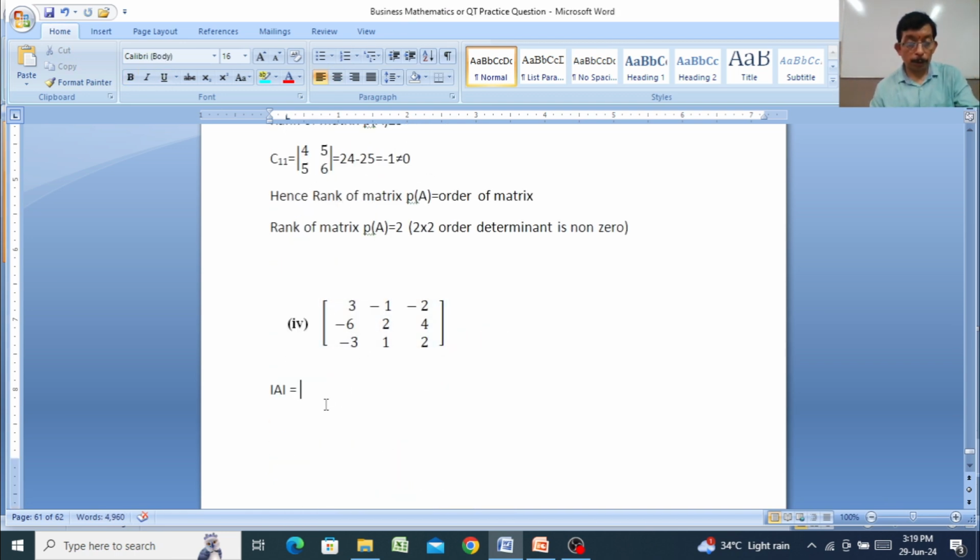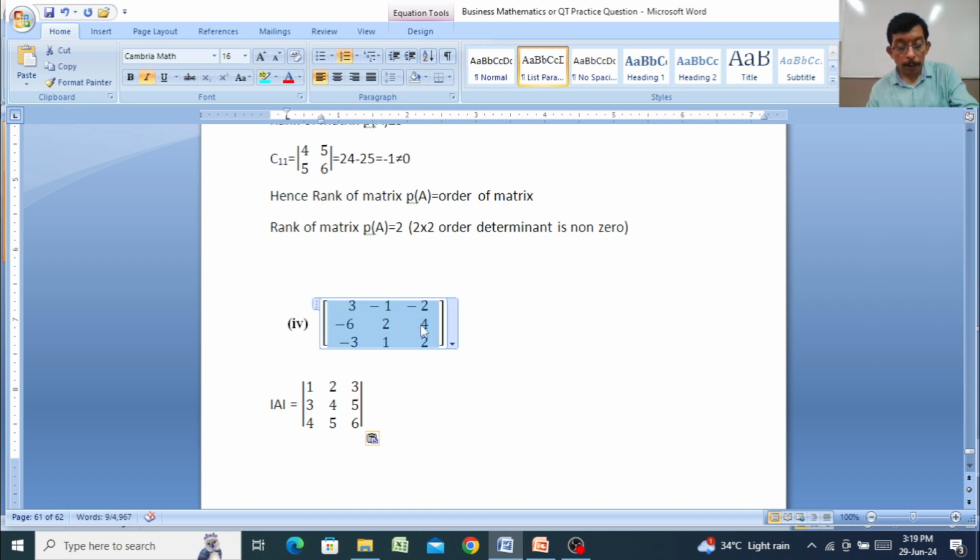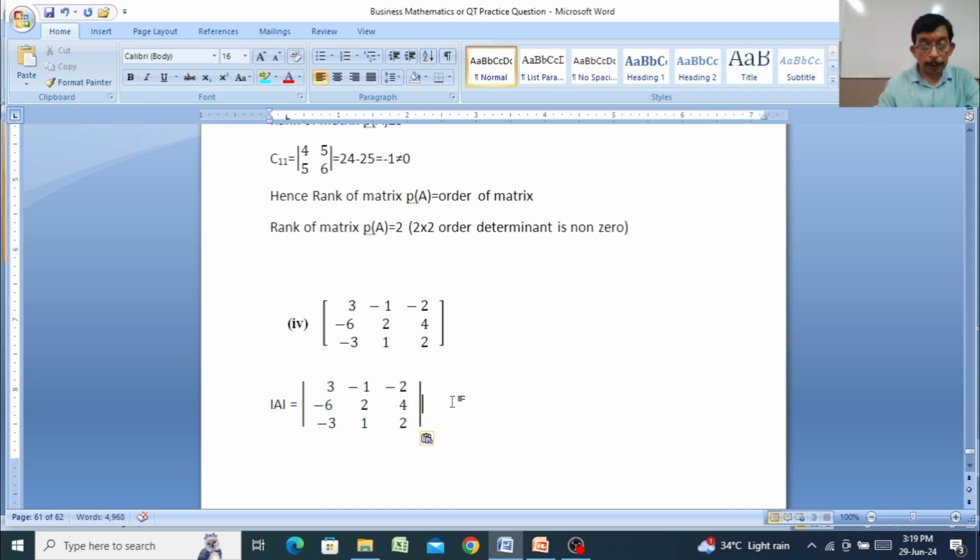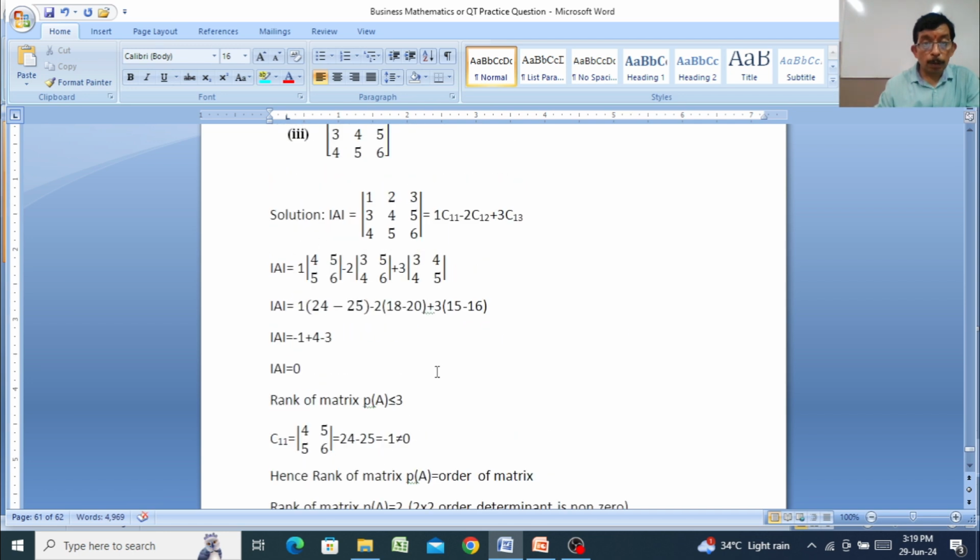Note down here, and the elements are given here. Write down here and simplify by expanding along the first row.